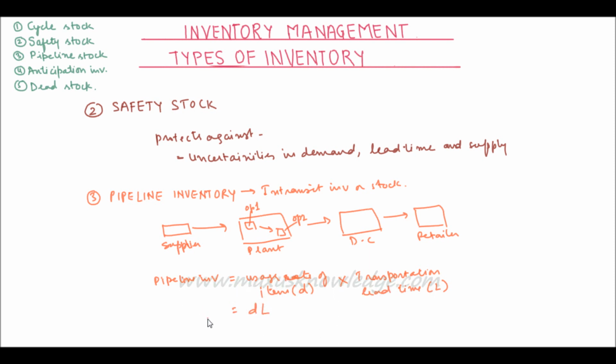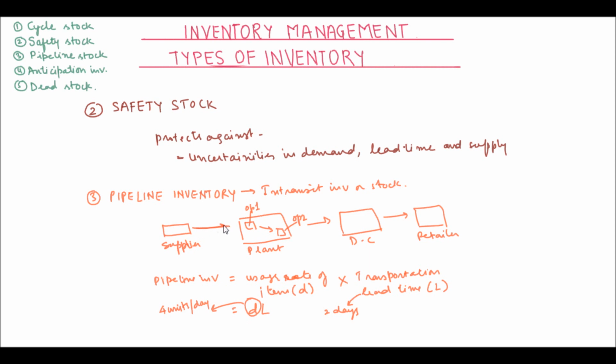So for example, let's say the demand of an item is 4 units per day and the lead time to supply is 2 days.